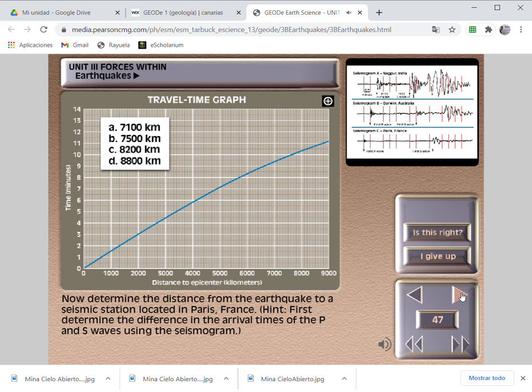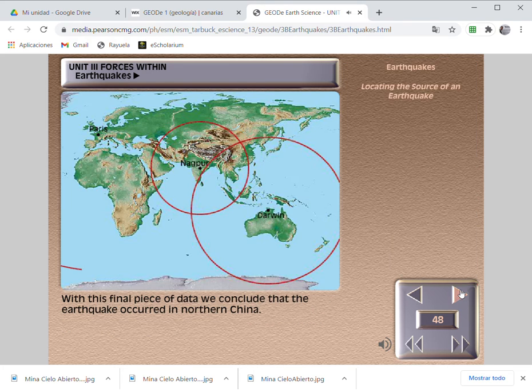Now determine the distance from the earthquake to a seismic station located in Paris, France. With this final piece of data, we conclude that the earthquake occurred in northern China.